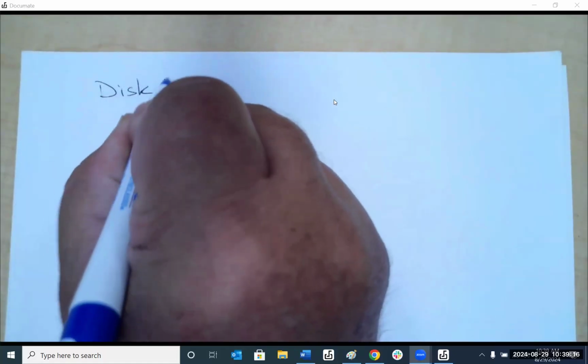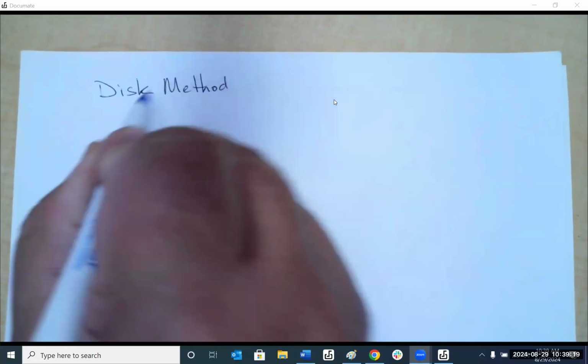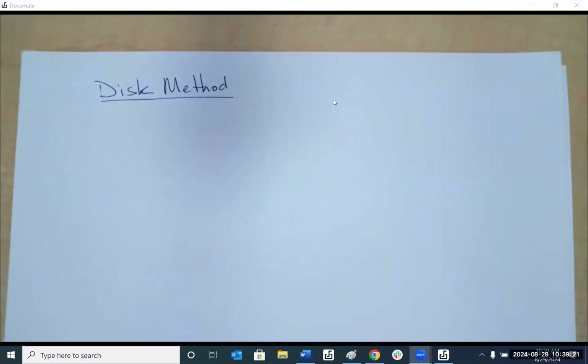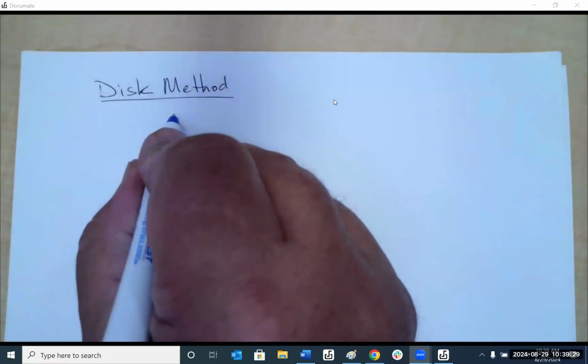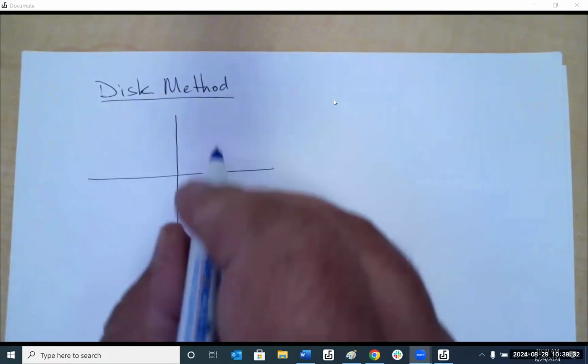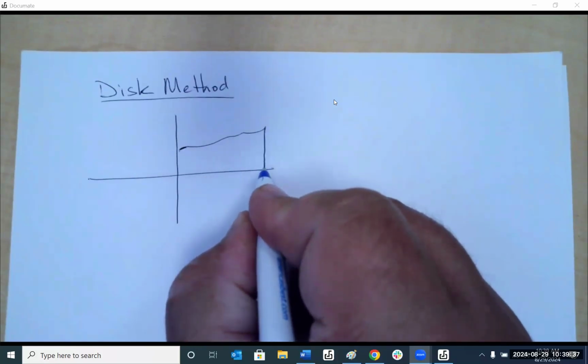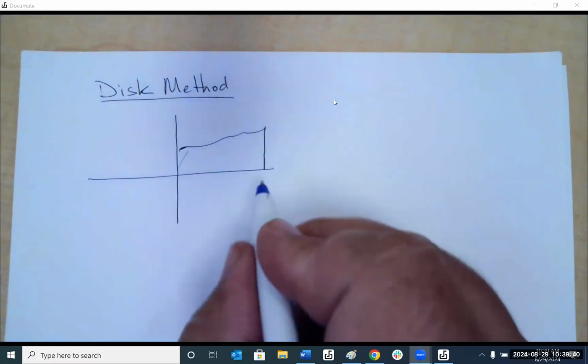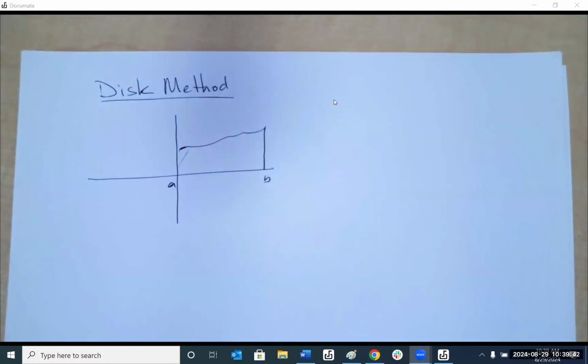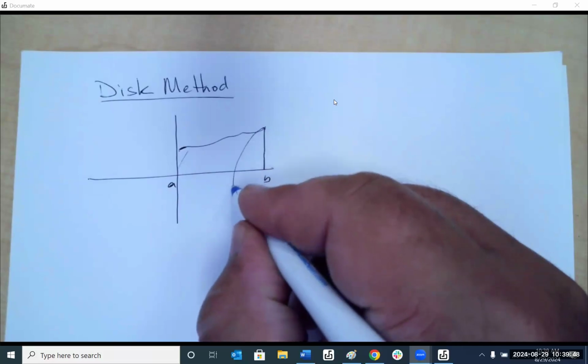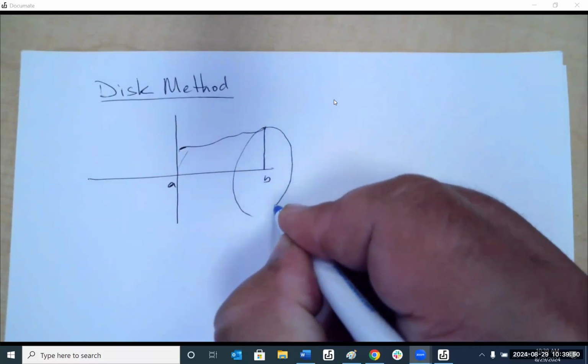Okay, let's look at this method. What this method is now, we're going to take a solid. This is the area of it from A to B. And now we're going to rotate this about one of the axes.